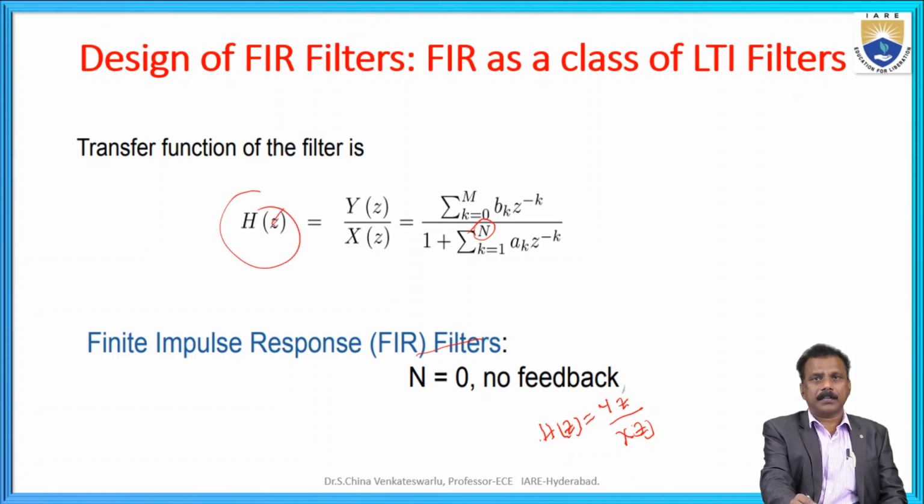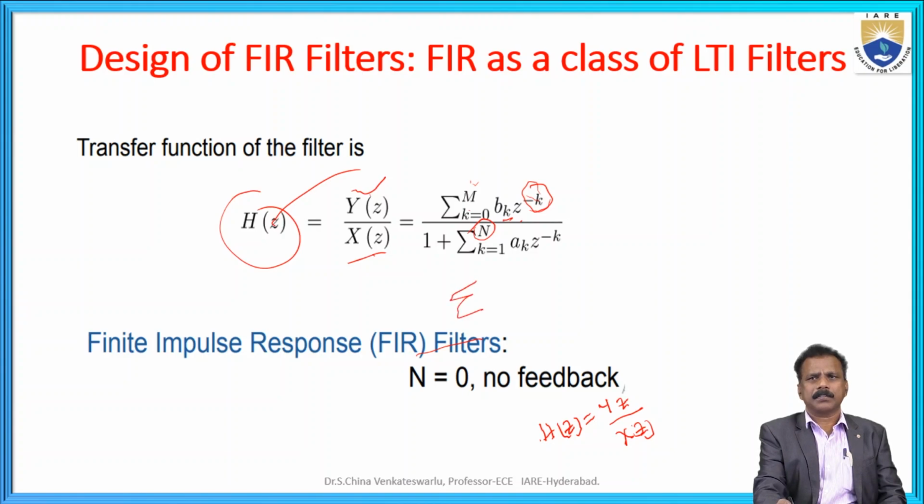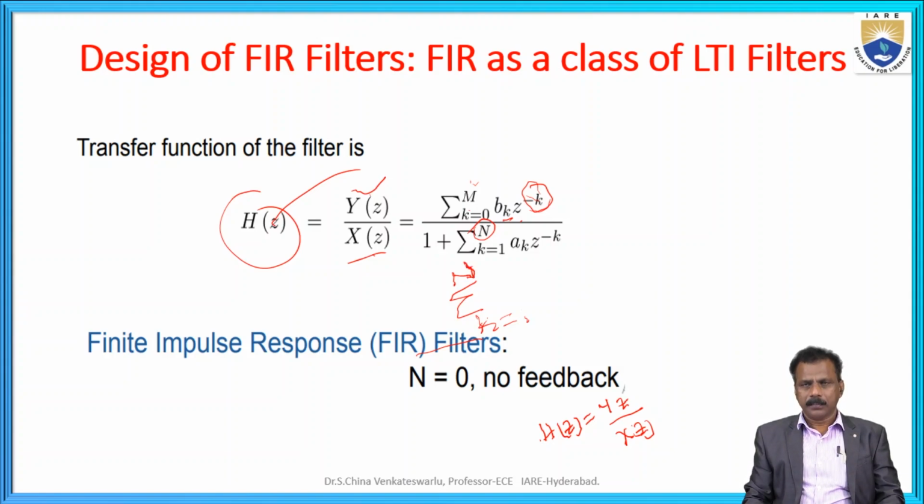This H(z) is equal to Y(z) by X(z), which is equal to the summation k equal to 0 to capital M of b_k into z power minus k, by 1 plus the summation k equal to 1 to capital N. Here this capital N should be 0, that means N is equal to 0, no feedback.